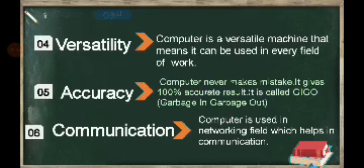And the sixth one we have communication. This is a very important characteristic of computer in today's world, because communication has made our world smaller. Computer is used in the networking field, which helps in communication.